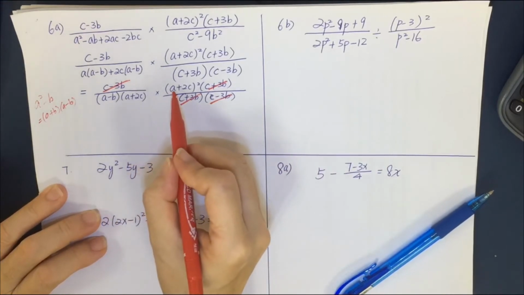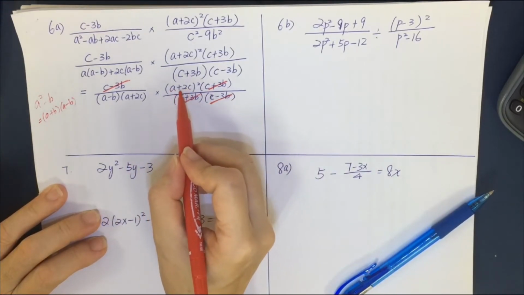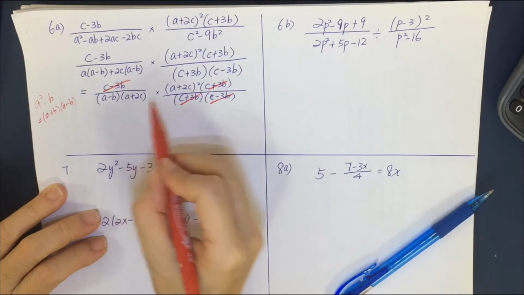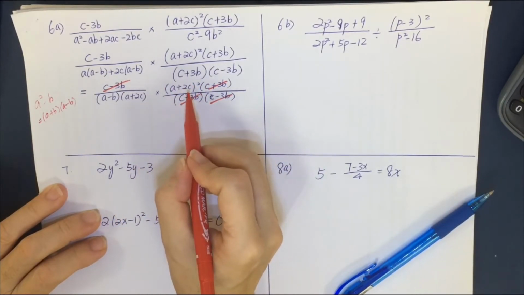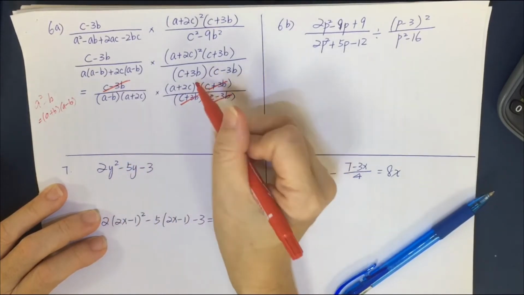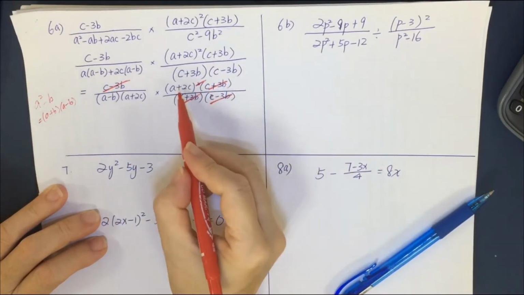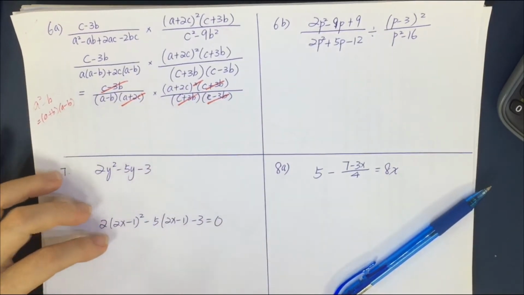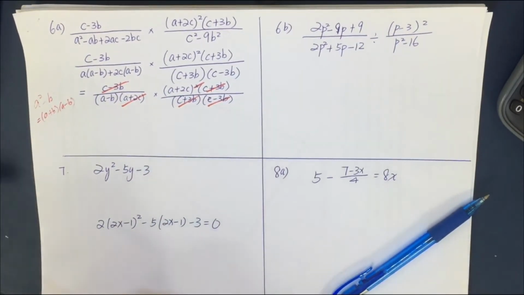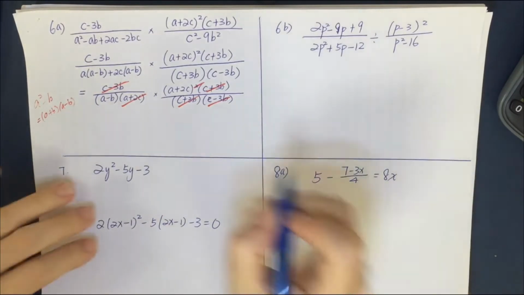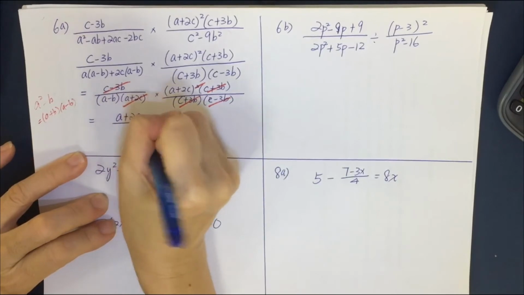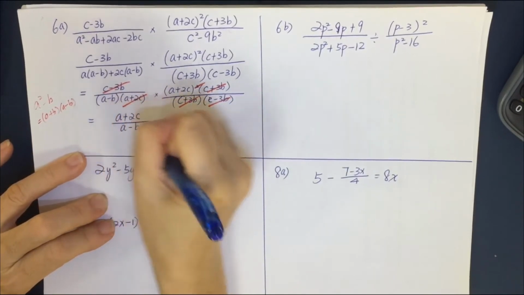Then here I have a plus 2c squared, and this one is a plus 2c. The numerator has 2 factors, the denominator has 1 only, so I cancel one of them, so the numerator has 1 left, and the denominator cancels off. So our answer will be a plus 2c in the numerator and a minus b in the denominator.